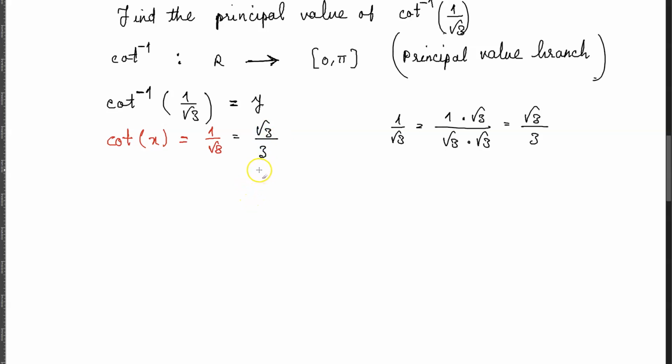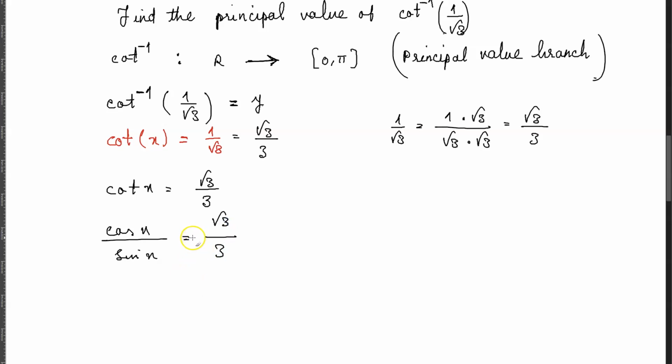Now, I know that cot of x is equal to square root of 3 over 3. Now, cot of x is the same thing as cos of x over sine of x, and that is equal to square root of 3 over 3.